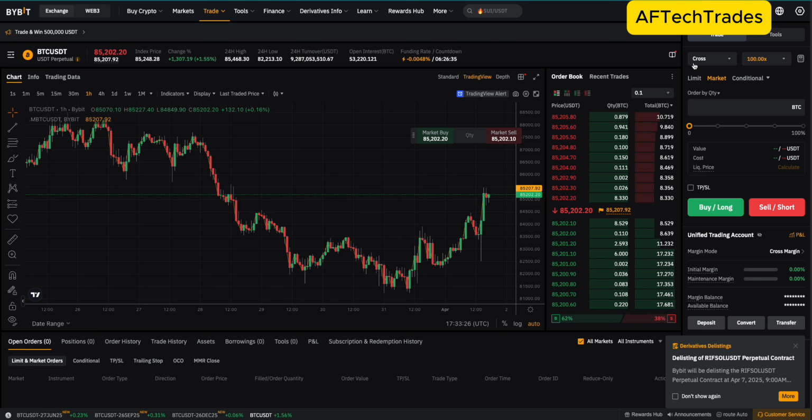So talking about which one to choose, it depends on you, right? Spot trading is suitable for long-time investors and those who want to own assets outright, right? And futures trading is better for traders looking for short-term gains, hedging or leveraging capital. If you don't have good capital, then futures trading is for you, right?